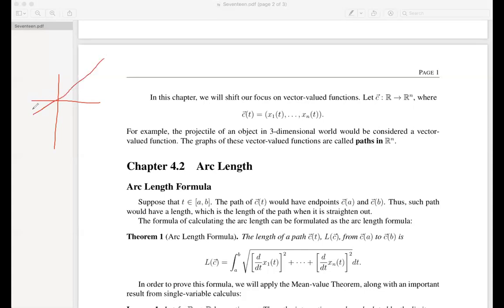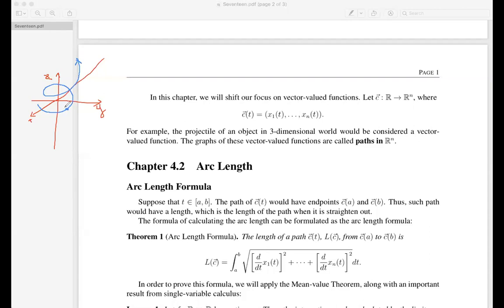For example, in R3, maybe you have a graph that looks like a helix.